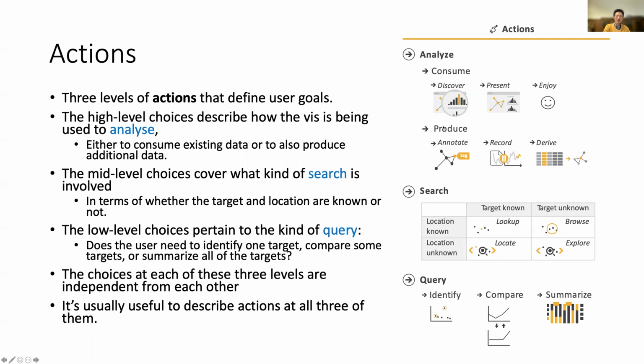Whereas with produce, you're actually creating some new data. It could be annotate, which adds something, or something as simple as calculating an average or minimum or maximum value from the data set. That also gives additional new data from the data set. That's what produce is about.